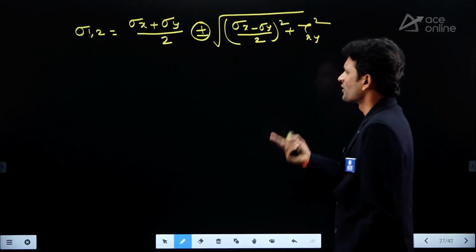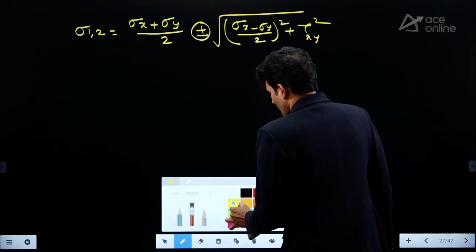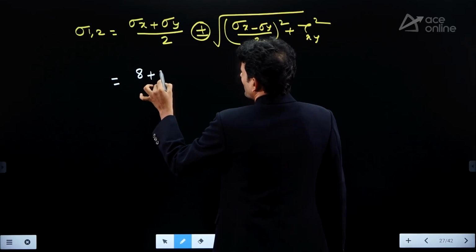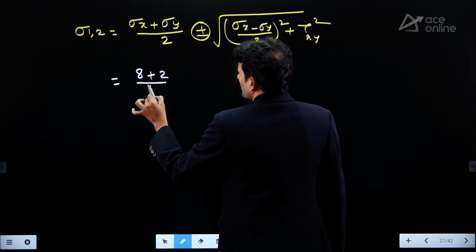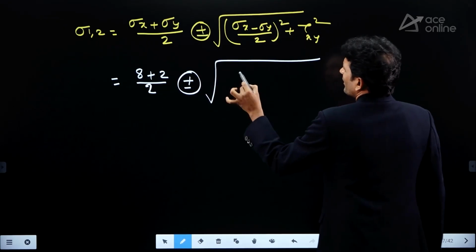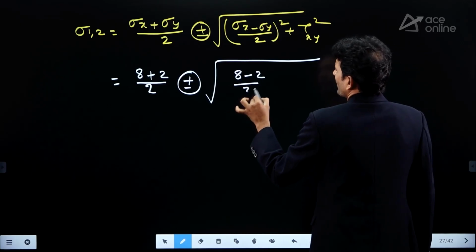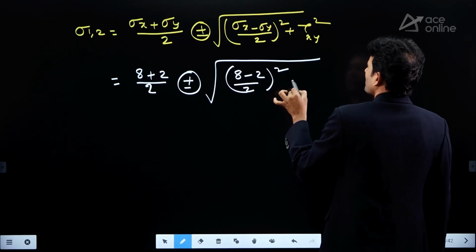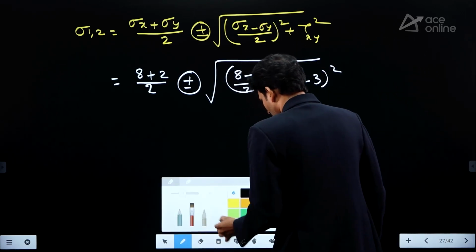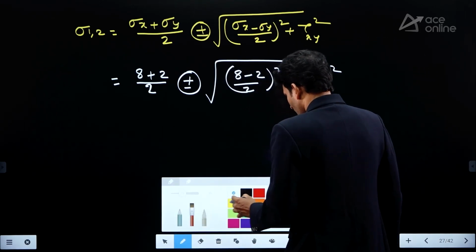Just substitute and simplify, and you get the answer. Sigma x is 8, sigma y is 2, plus or minus under root of 8 minus 2 divided by 2 whole square plus minus 3 whole square. If I simplify, how much do you get?